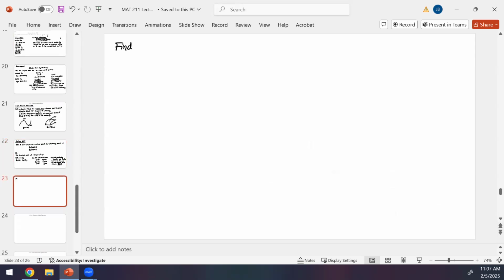So now let's find the critical point of f of x y equal to x squared y minus x squared minus y squared. So step 1, find fx and fy.